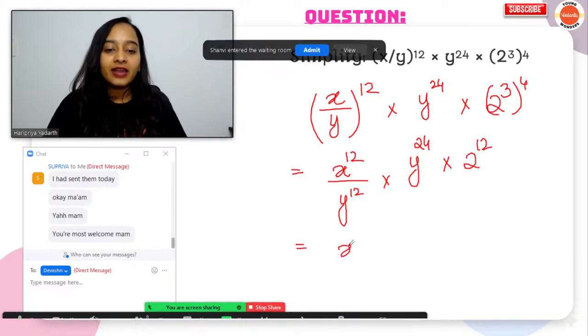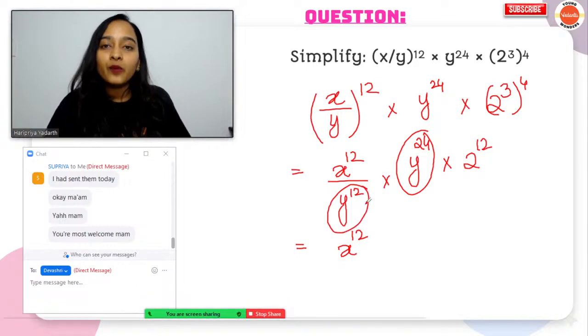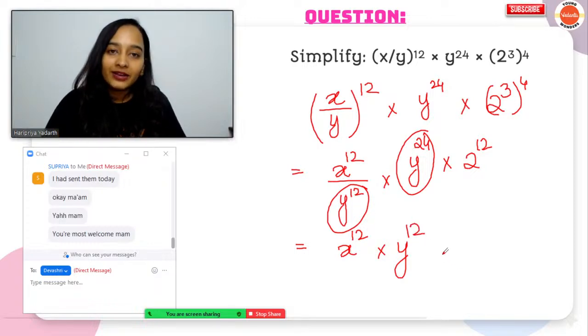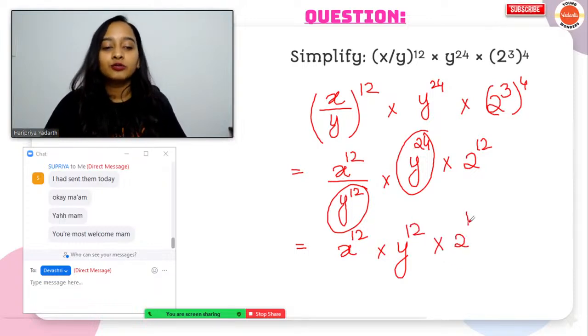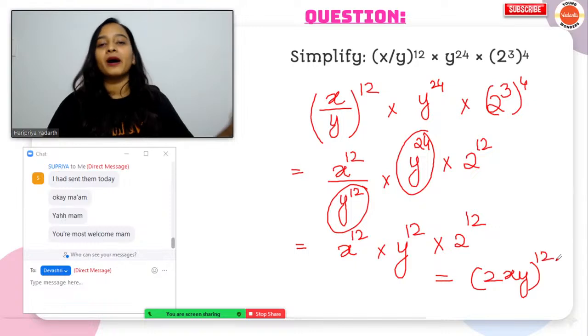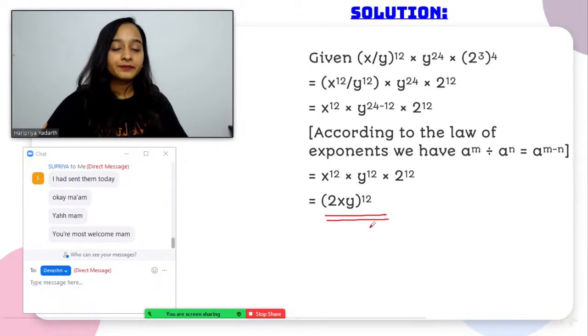So here you have x to the power 12, and then y to the power 24 divided by y to the power 12. So that will be y to the power 24 minus 12, which is 12 again, multiplied with 2 to the power 12. So I can write it as 2xy whole to the power 12. Easy peasy? Yes. This is how you will have to write it. ठीक है? Okay?